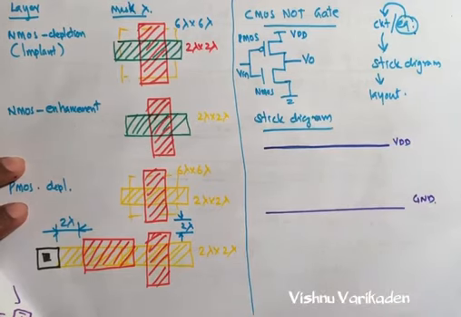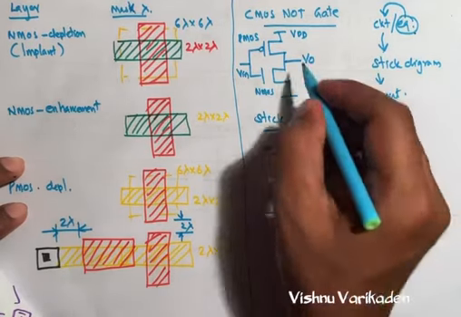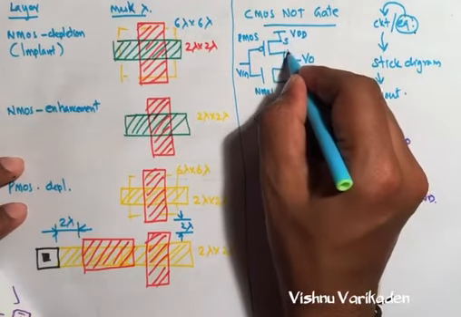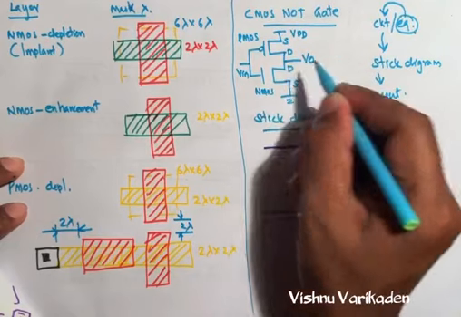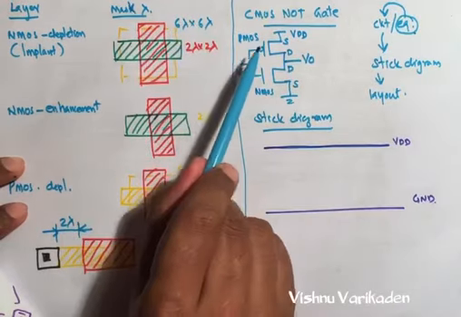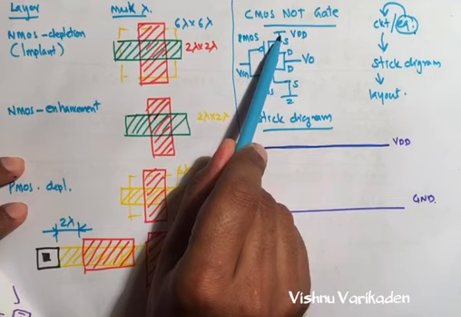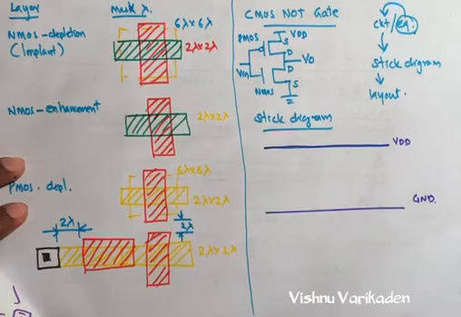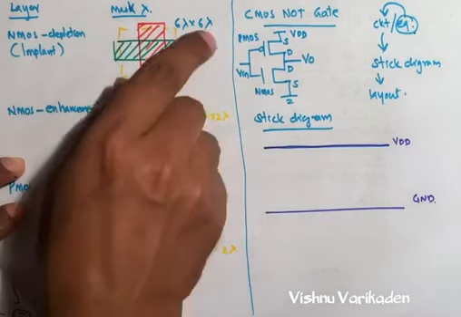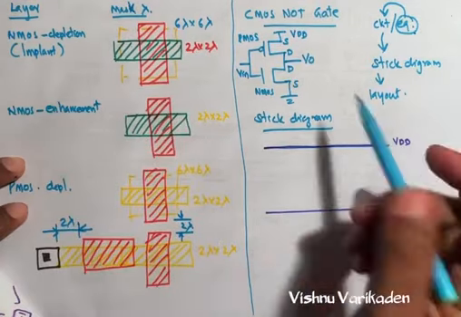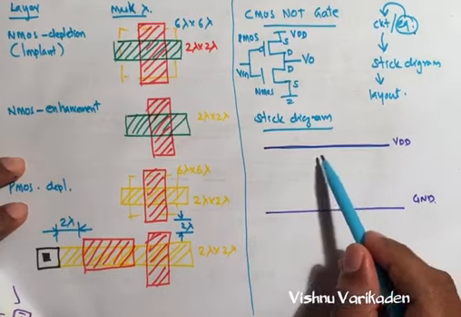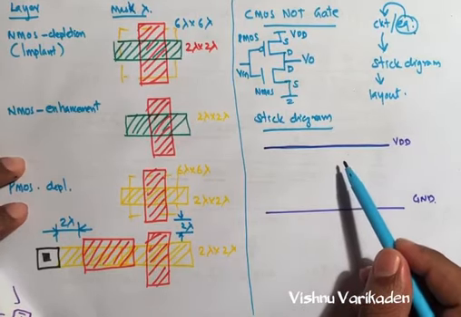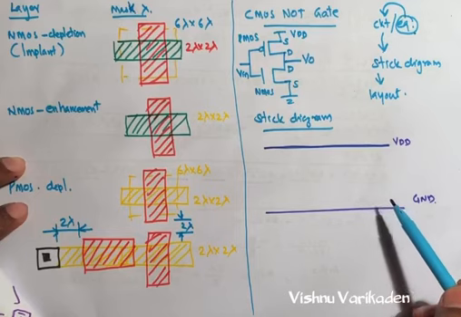So this is source and drain, this is source and drain. So think about this. PMOS source is connected to VDD and NMOS source is connected to ground for every CMOS circuit. So the stick diagram is drawn in between the VDD and ground.